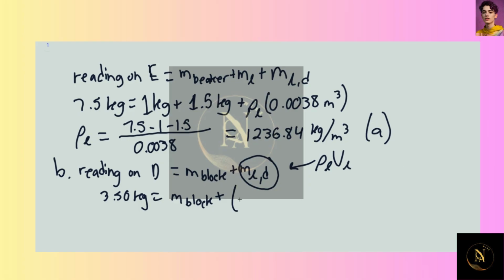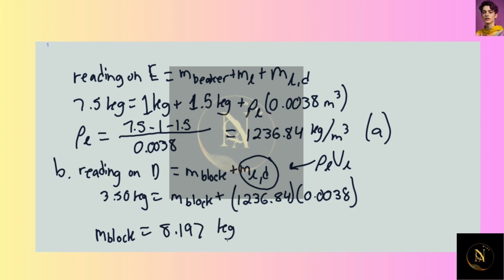Here, it's going to be 1,236.84 times 0.0038. Solving for this, we know that the mass of the block is going to be 8.197 kilograms.